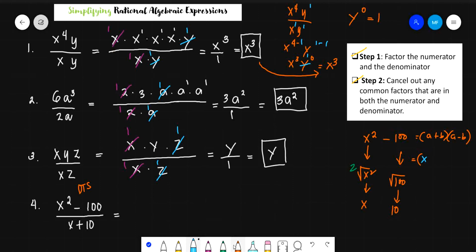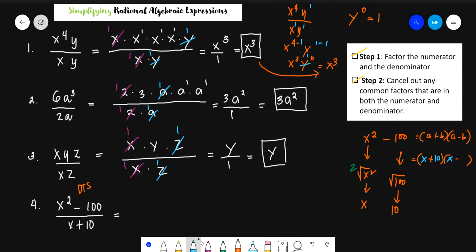And, plus, diretso ko na. And then, ano yung b natin? So, yung b natin is 10. Tapos, x. And then, minus sign. Ano yung b natin?